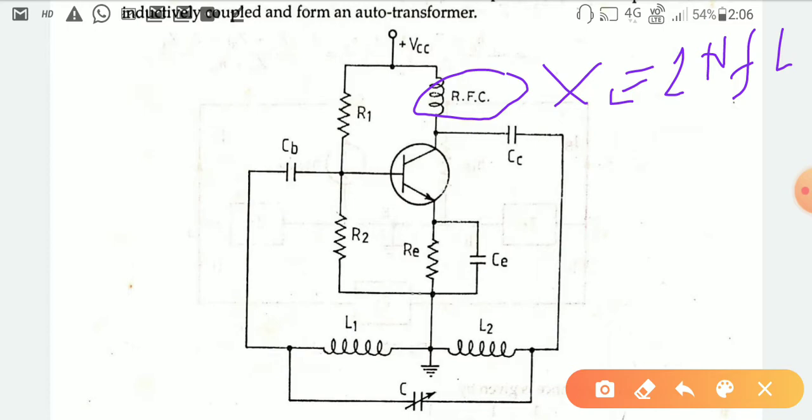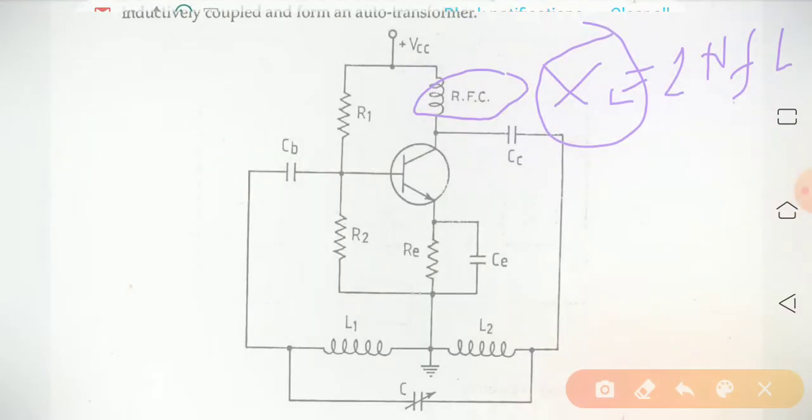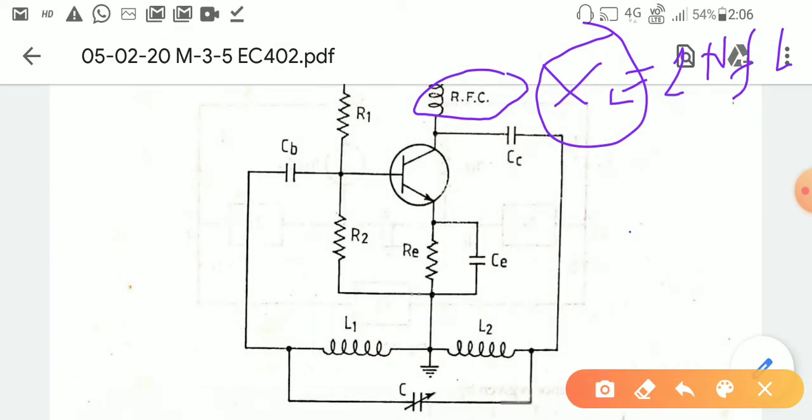If the impedance value increases, the RFC works like a high impedance or open circuit, and if XL is low, it works as a short circuit, and that depends on the frequency you are choosing.